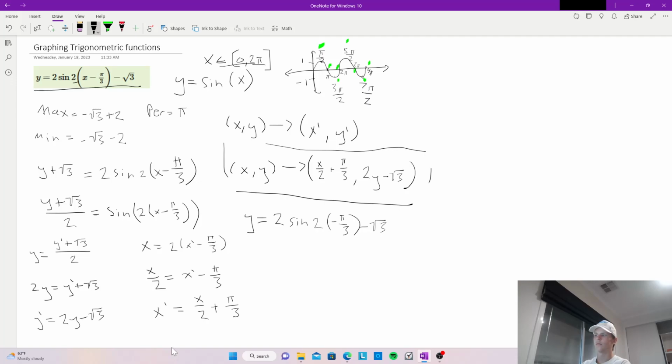And then y is equal to 2 sine negative 2 pi on 3 minus square root of 3.